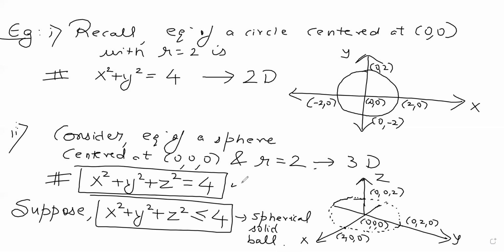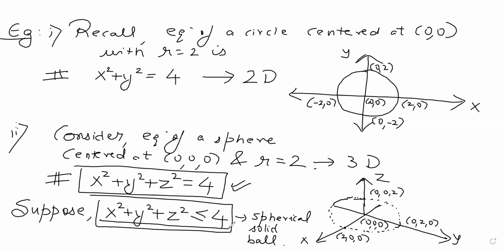X square plus y square plus z square equal to 4 will only give you the boundary of the spherical ball. But if I take all the region less than or equal to 4, it's going to give me the whole mass of the solid ball. So again, why are we doing all this? Because you need to visualize how things change when you move from 2-dimension to 3-dimension.